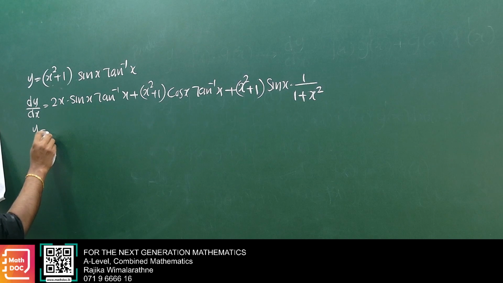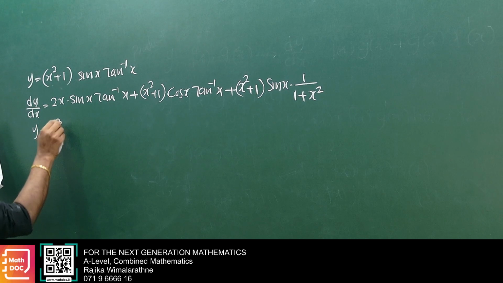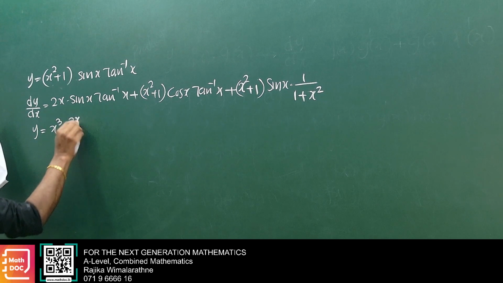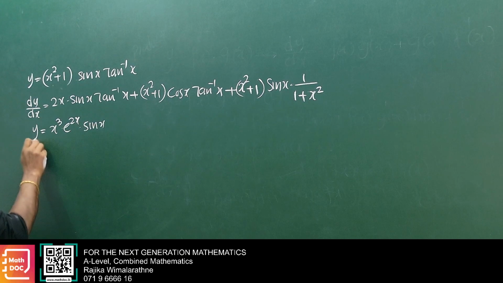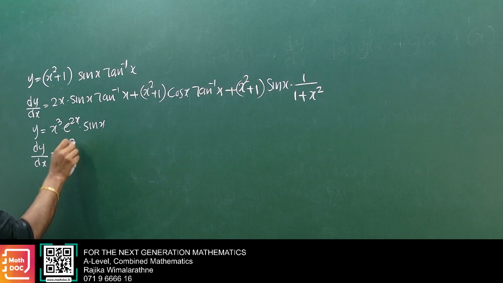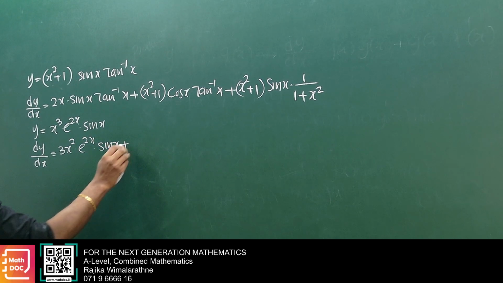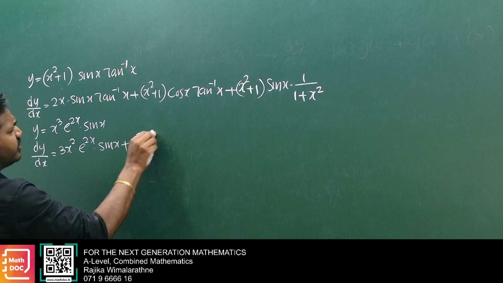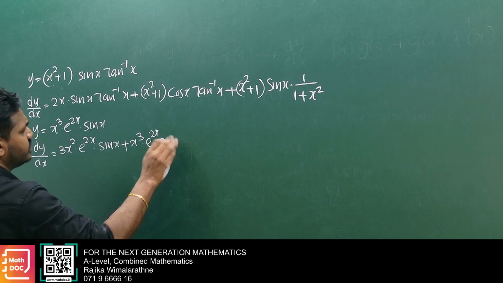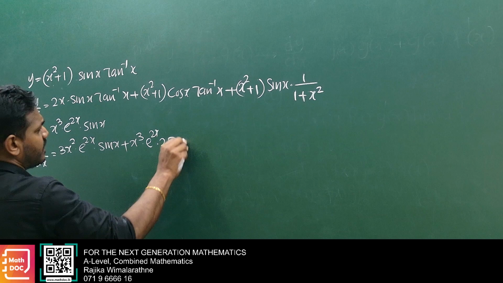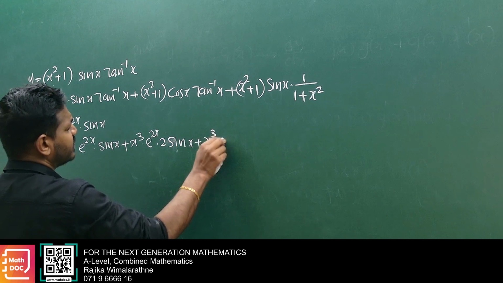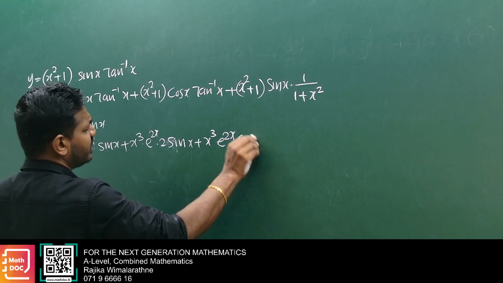Then y equals x cube e to the power 2x sin x, then dy by dx: 3x squared e to the power 2x sin x, plus x cube e to the power 2x times 2 times sin x, plus x cube e to the power 2x sin derivative cos.